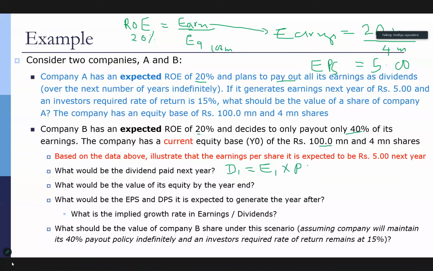So you're paying out 40%. So 5 into 40%, ₹2. Based on this, how much equity will you have at the end of the year?